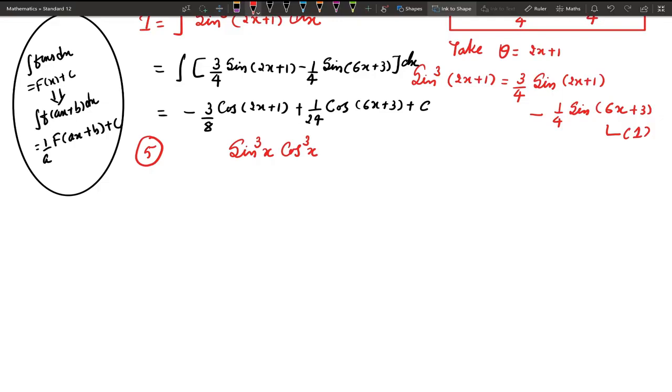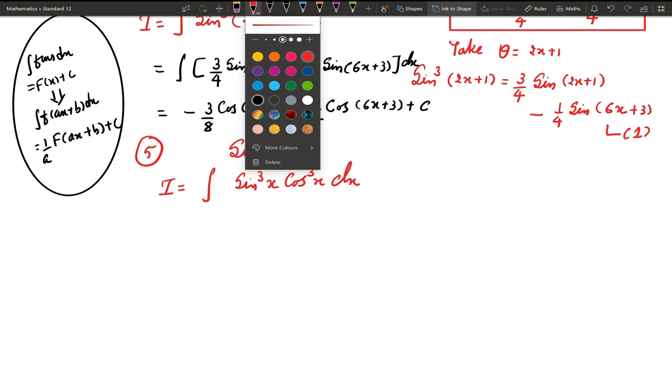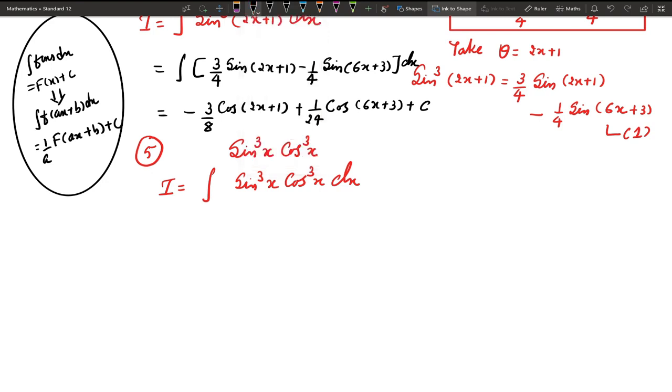Now let us denote this integral by I, integration of sine cube x cos cube x dx. So as usual, to convert into standard form, multiply and divide by 8. So this is 1 by 8 integration of (2 sine x cos x) cube dx.